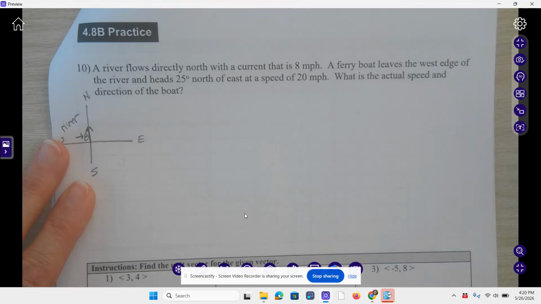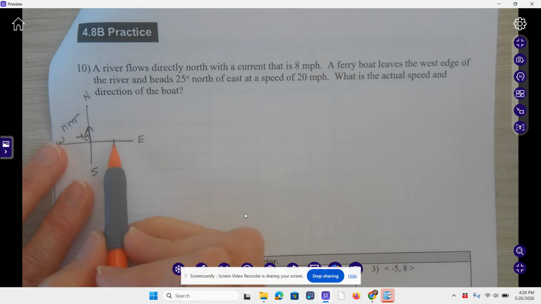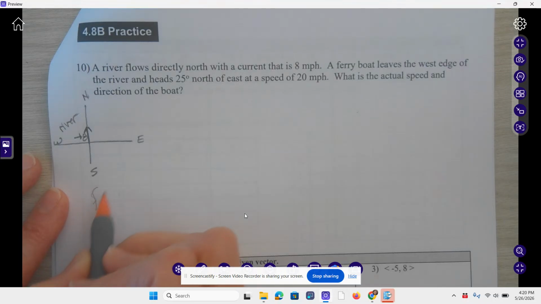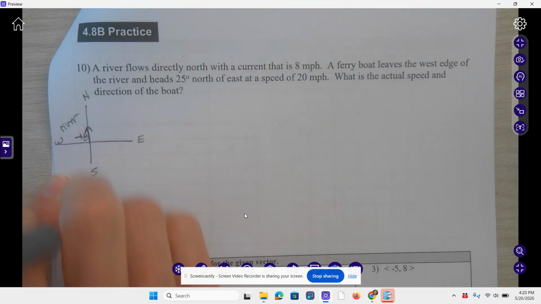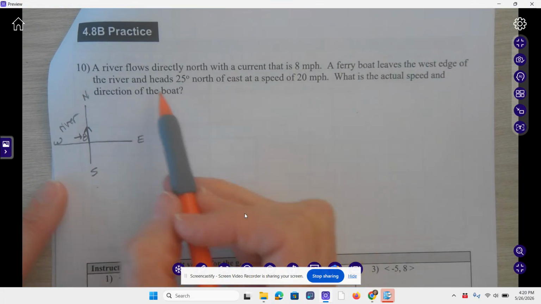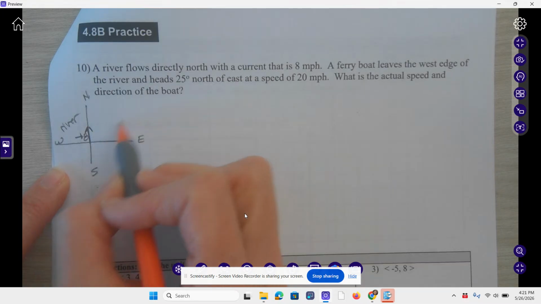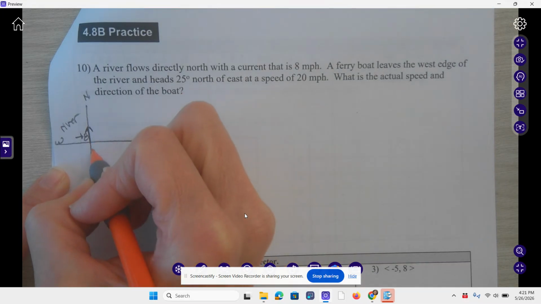Then it says a ferry boat leaves the west side of the river. Well, my river is really skinny, but if I had actually drawn a river, it would leave this side. And it heads 25 degrees north of east. So here's east. If I'm north of east, I'm up here.